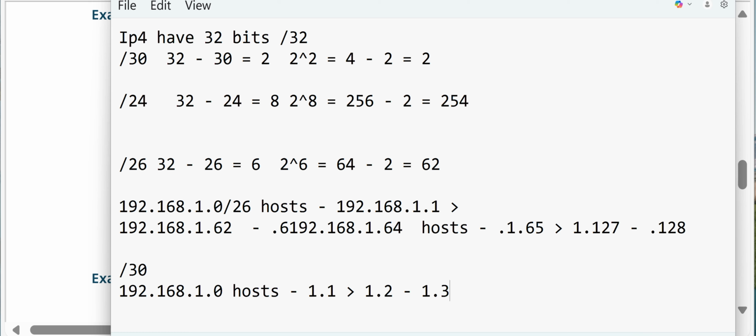So if we have that, our next subnet that we create for, let's say, the sales department, it would start with 1.4, right?